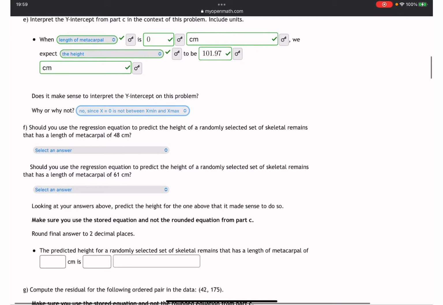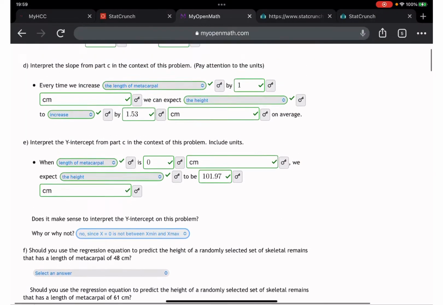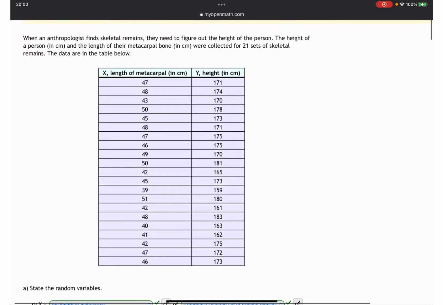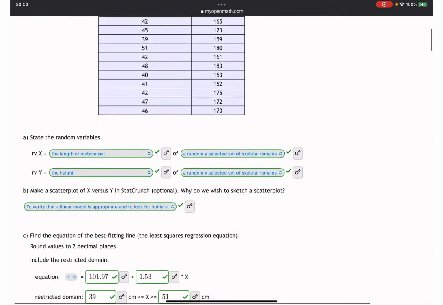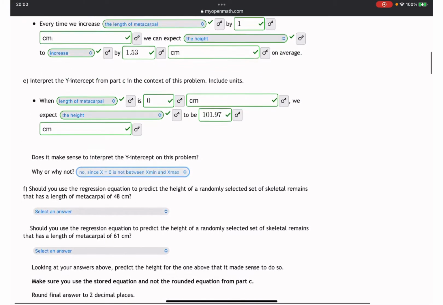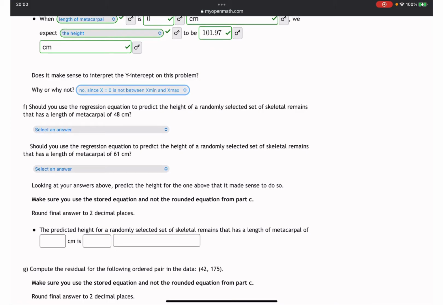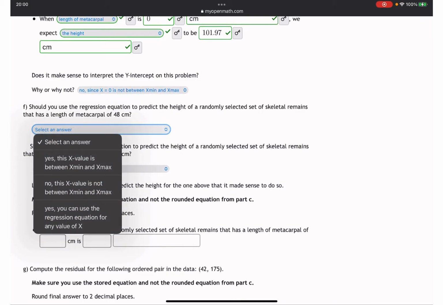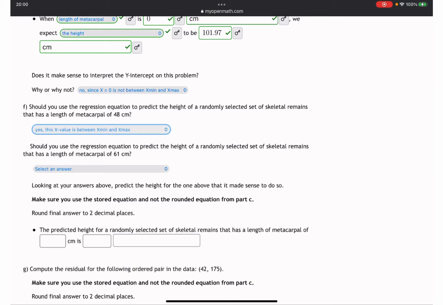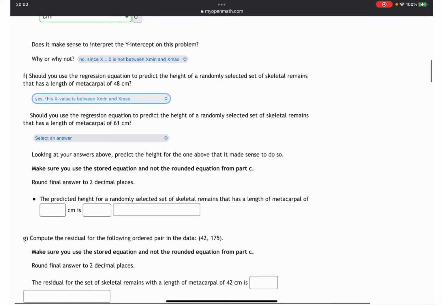I would say yes, because that x value, 48 centimeters. Do we have here 48? Yeah, we do. Is between maximum and minimum, right? Okay, so we are going to say yes, it is between x maximum and minimum.